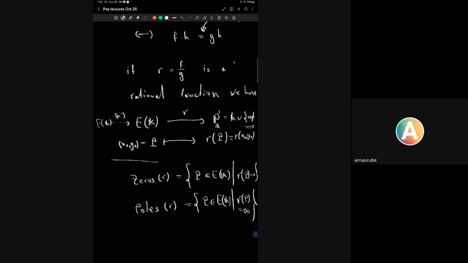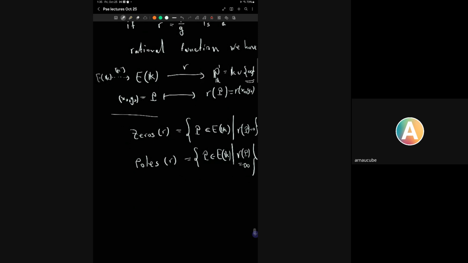And so we went into a detour of trying to define what is the multiplicity of a zero or a pole of a rational function. This is this business of uniformizers.